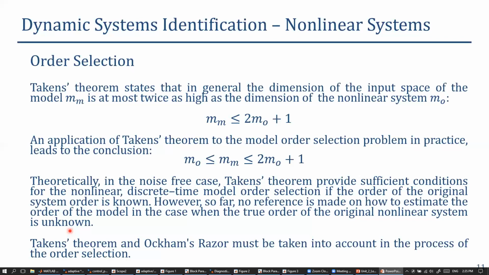Now, taking into account Occam's razor, the principle that the model should be as simple as possible, but not too simple, the Takens theorem should guide us in selecting the order of the model. Is this clear?